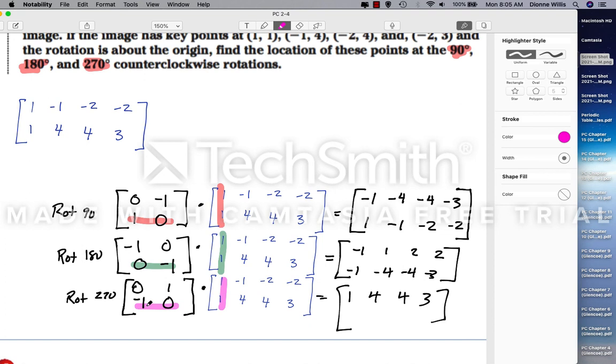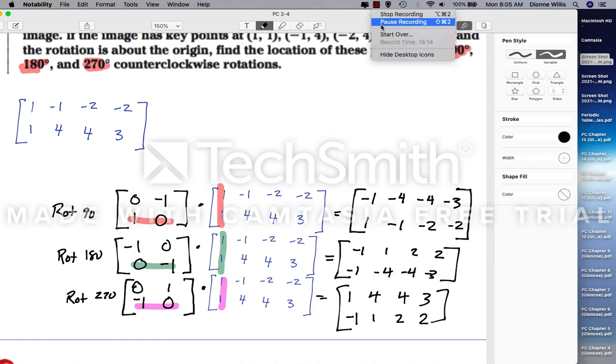So -1 times 1 is going to be a -1, and I'm adding 0, and I'm going to continue with that. So you can see that each of these will change signs. All right, so this is the result of rotation around the origin.